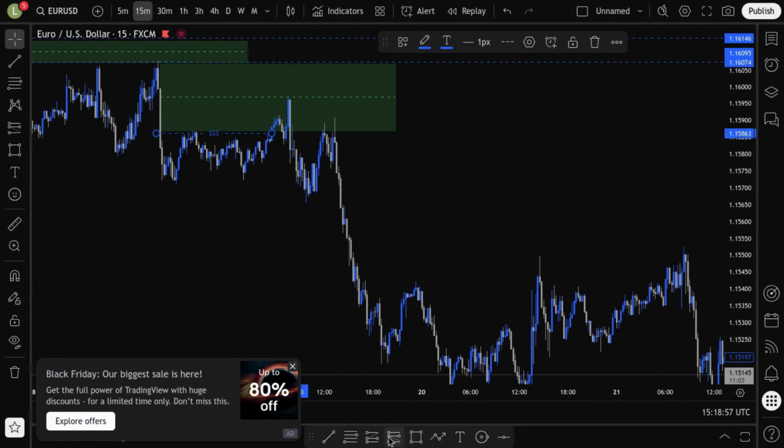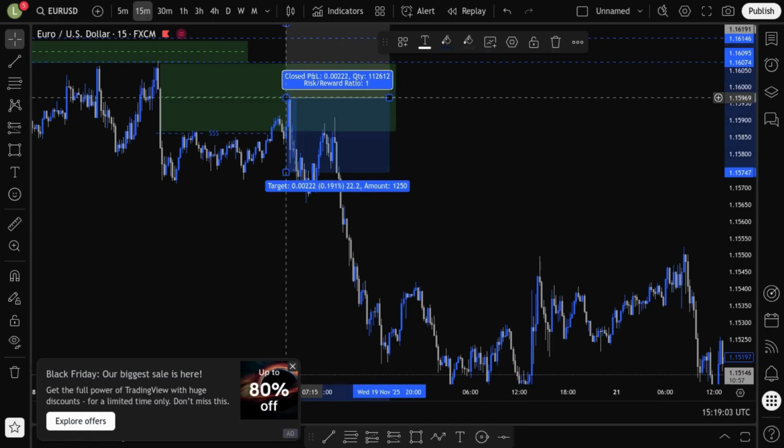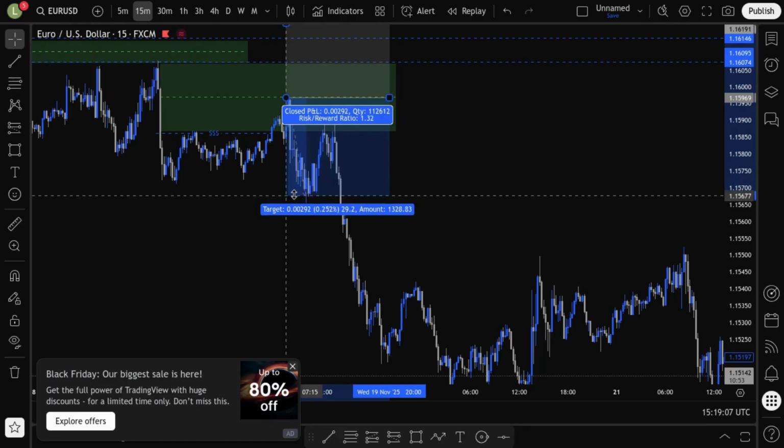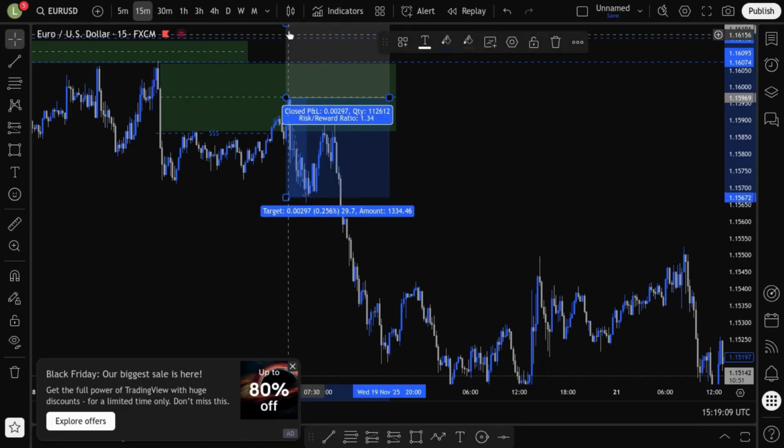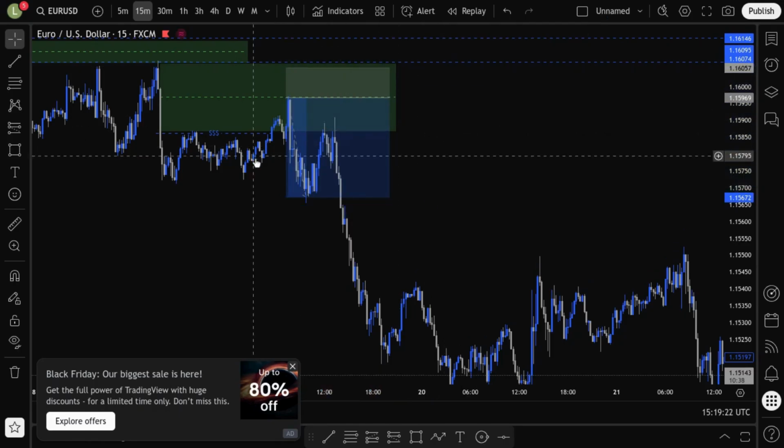So I can say this is a sniper entry, right? With the 50% level, then put in a realistic TP. My TP can be around here, and my SL, 1:3.5. Yeah, around here.